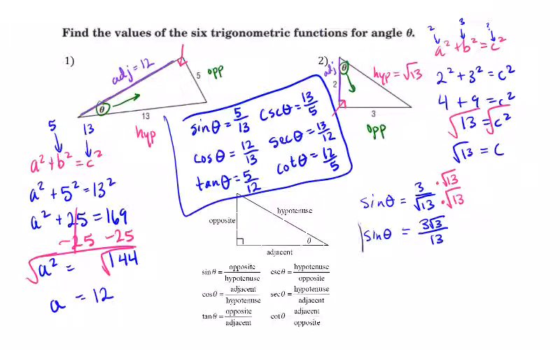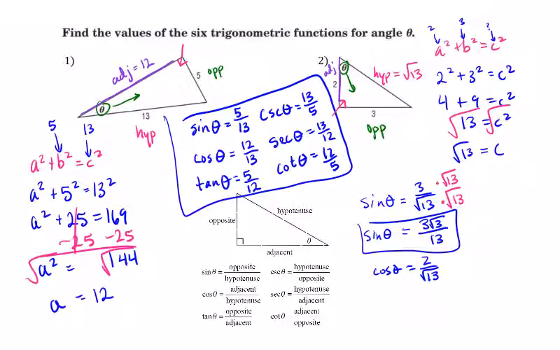Okay. Next, cosine. So cosine is the CAH part of SOHCAHTOA, and that's adjacent over hypotenuse. So it's 2 over root 13. And you can probably imagine what's going to happen.